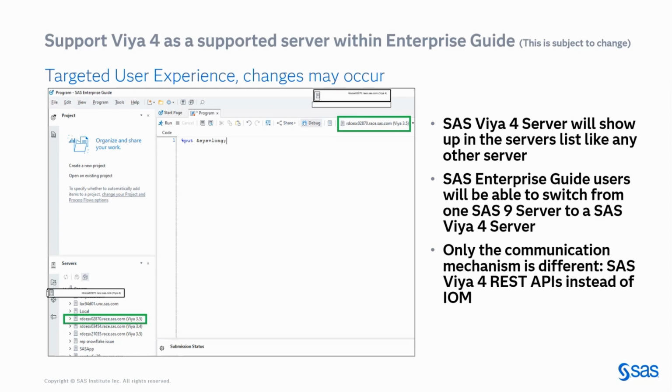Eli se tulee olemaan tapa, jolla EG ottaa yhteyden VIYA 4 -moottoriin ja lähettää koodia ajettavaksi. Siellä on paljon palikoita, joita joudutaan EG:n päässä tuunaamaan, että se pystyy lähettämään koodia VIYA 4:lle, vastaanottamaan logit ja näyttämään tulokset.